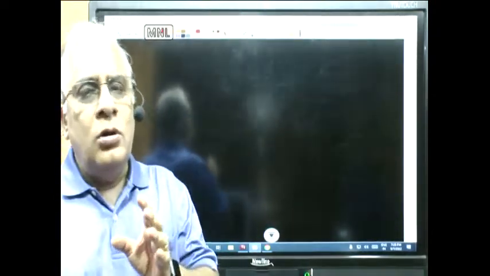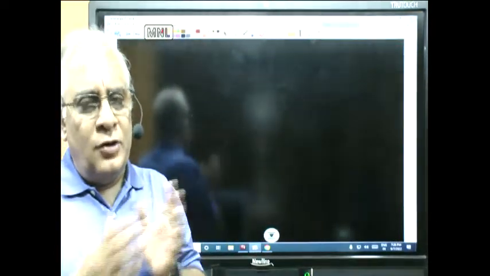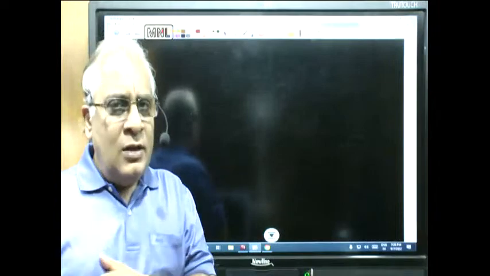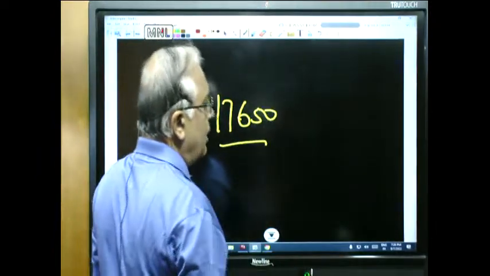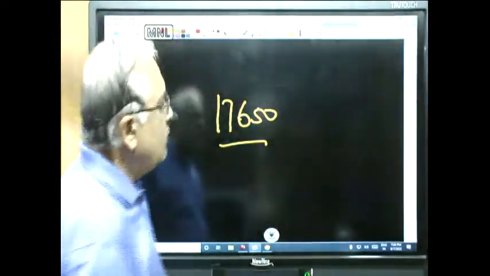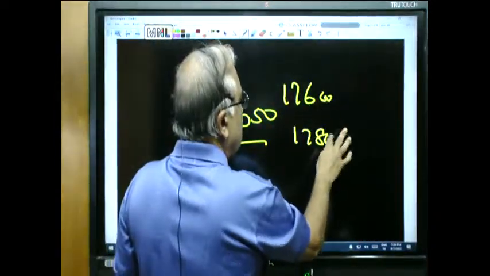The higher the strikes you go, the less premium you receive, because of the lower volatility of higher strikes. Because of that, you may not have the same value as what we did for 1:2, where we placed it 200 rupees away. Similarly, Nifty is at 17,650 right now.